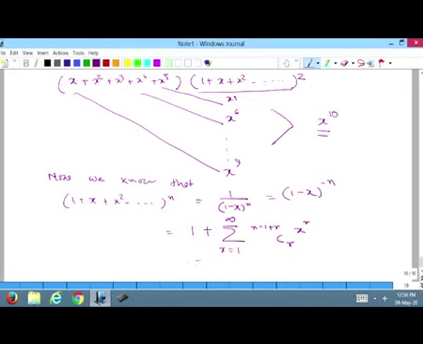So, we are going to utilize this formula and try to solve this.